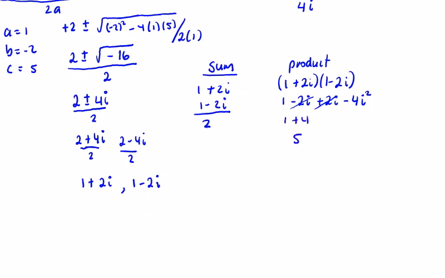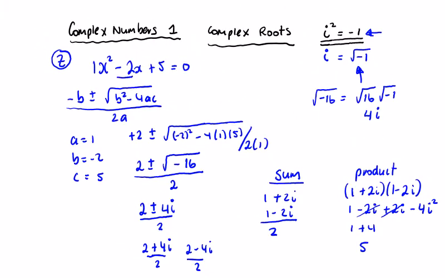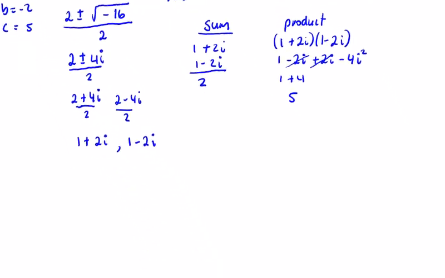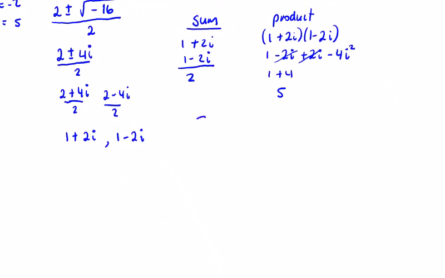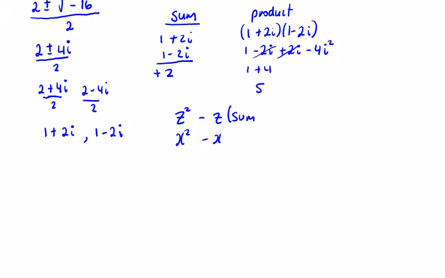So let's just look at our equation. We have a 2 and a 5 for the sum and the product, and we have a minus 2 and a 5 up here. So this is going to introduce all these complex equations, and quadratic equations can be written as z squared or x squared minus z or minus x times the sum of the roots. So our sum was plus 2, we have a minus 2, we change the sign, and then we add the product of the roots at the end.